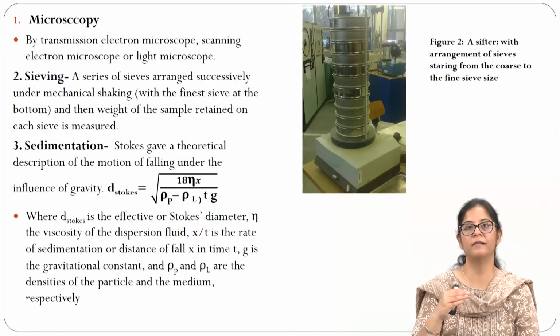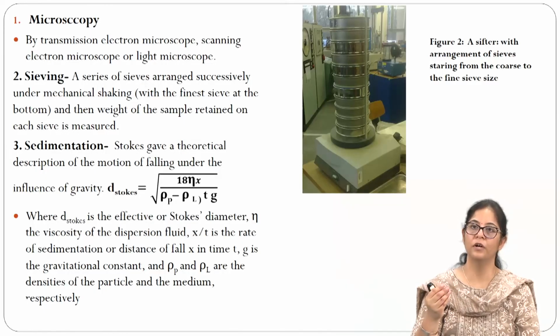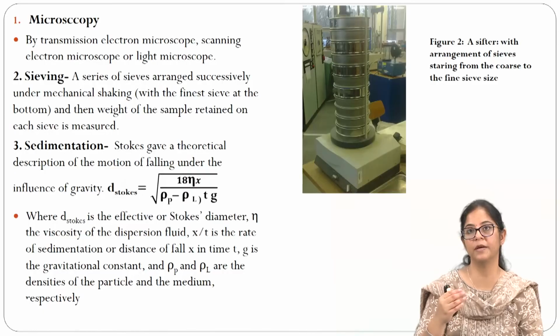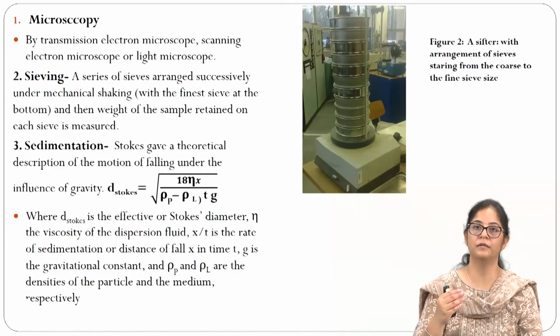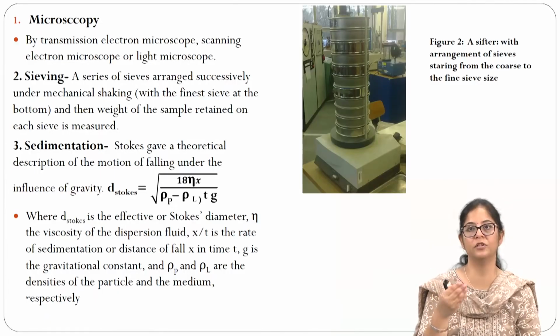Now then there is sedimentation. Sedimentation gives a theoretical description of the motion of the falling object under the influence of gravity. So how particles sediment, based on that the size can be measured. Stokes' method is one wherein the fluid is taken of known viscosity, and the rate at which it is falling is noted.